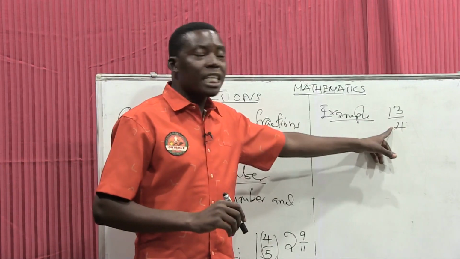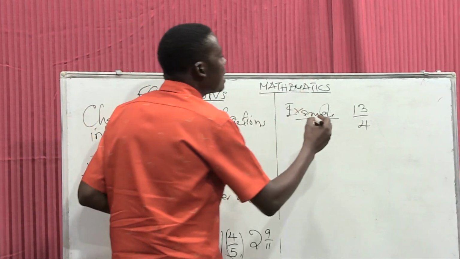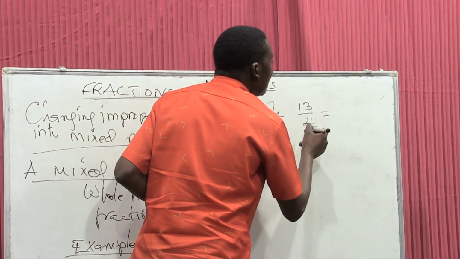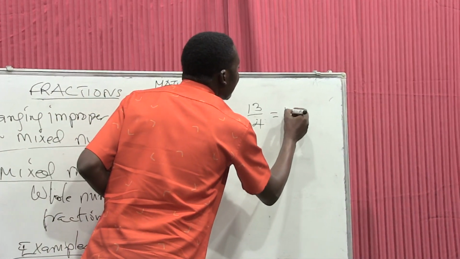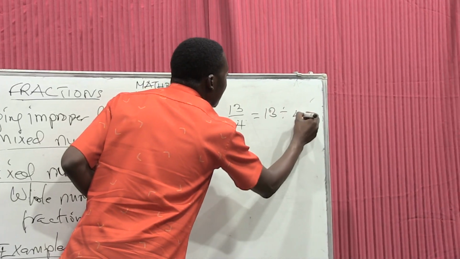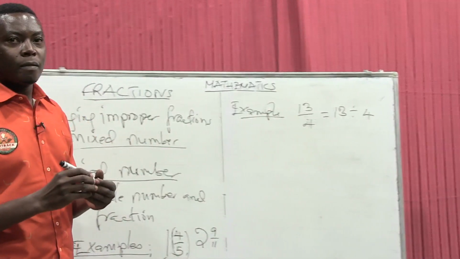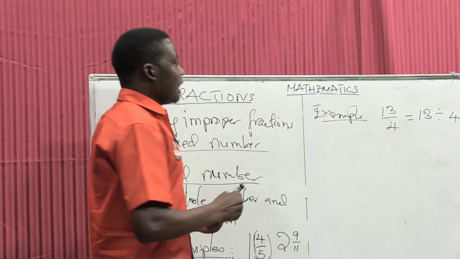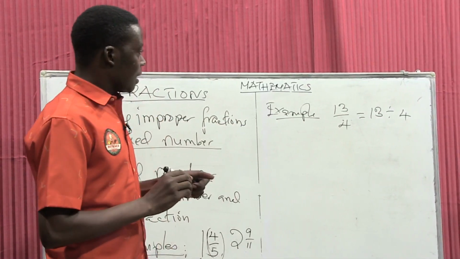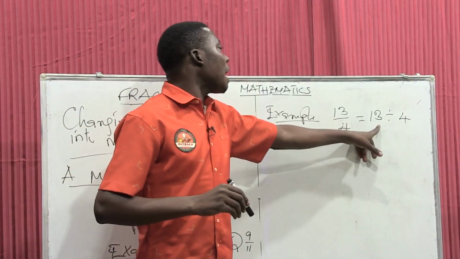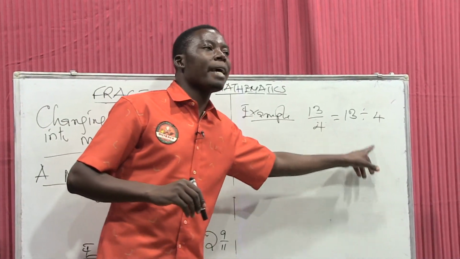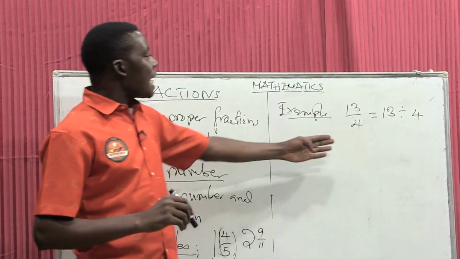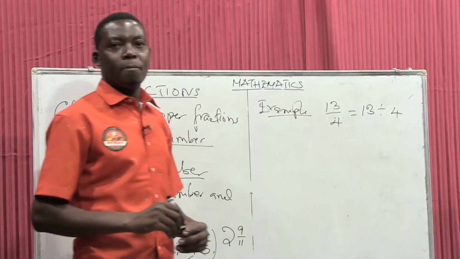How can you change this one? We said that 13 over 4 means that 13 divided by 4. Now, you know how to divide, especially dividing whole numbers, dividing numbers with a remainder.